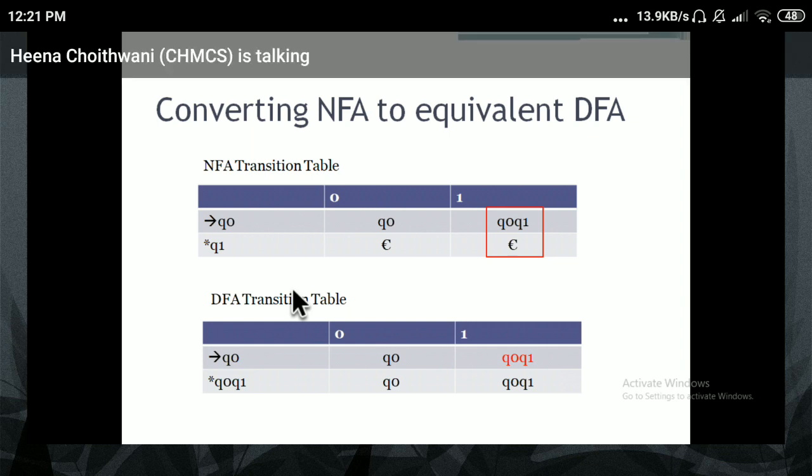Are you getting my point? Since we don't have any transition on Q1, neither Q0 nor Q0, Q1 is moving to Q1, right? And on Q1 also, we don't have any transition on 0 as well as 1. So do we have to create this state?